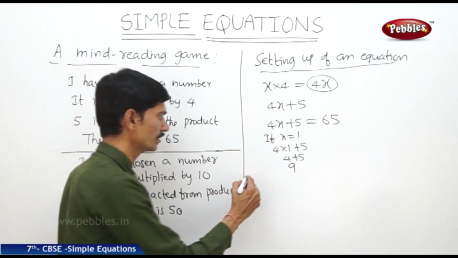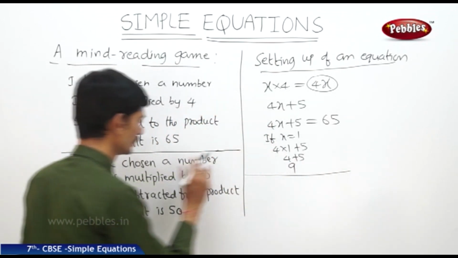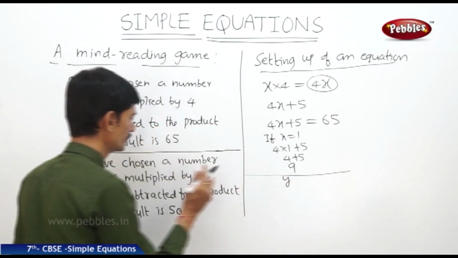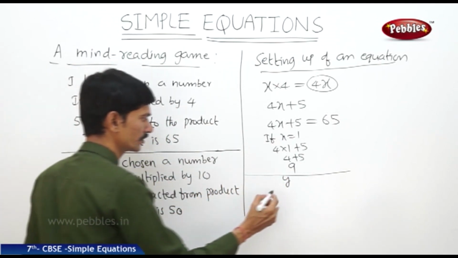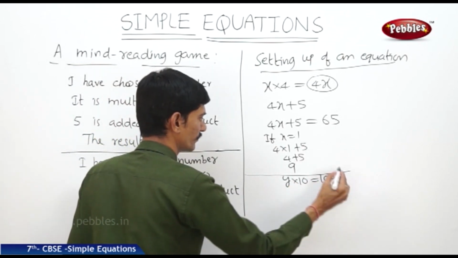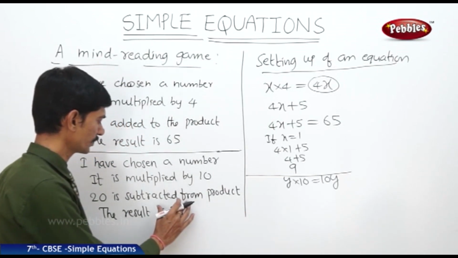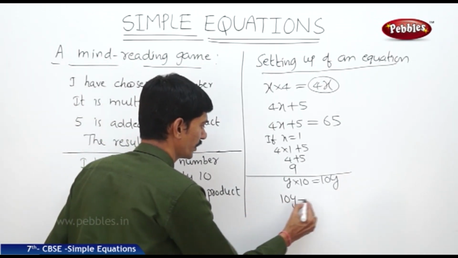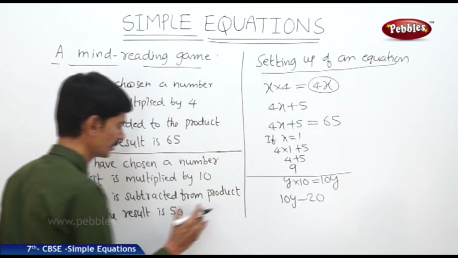Now let us take the second case. The unknown number is represented by y. Then it is multiplied by 10. So we get y into 10 equals 10y. Now as 20 is subtracted from the product, we get 10y minus 20. Then the result is 50.